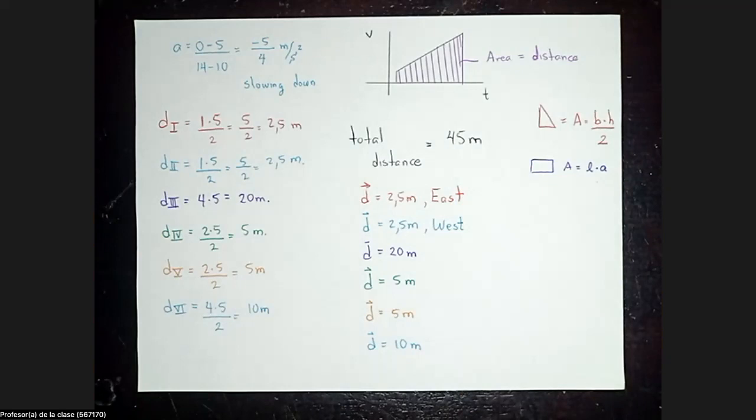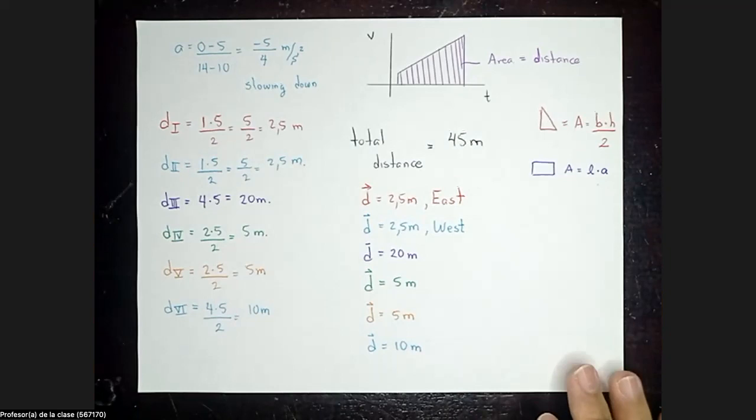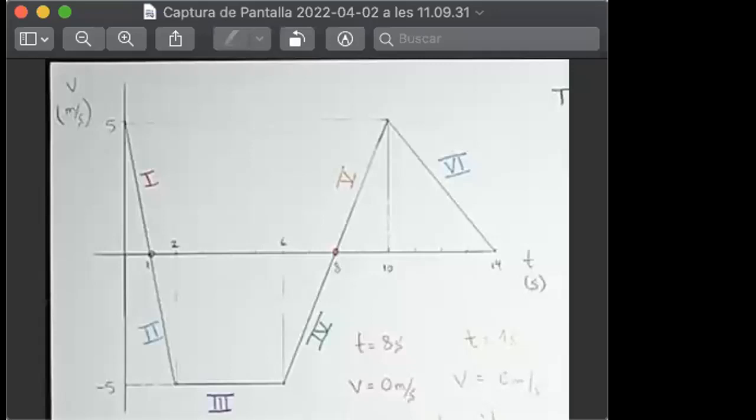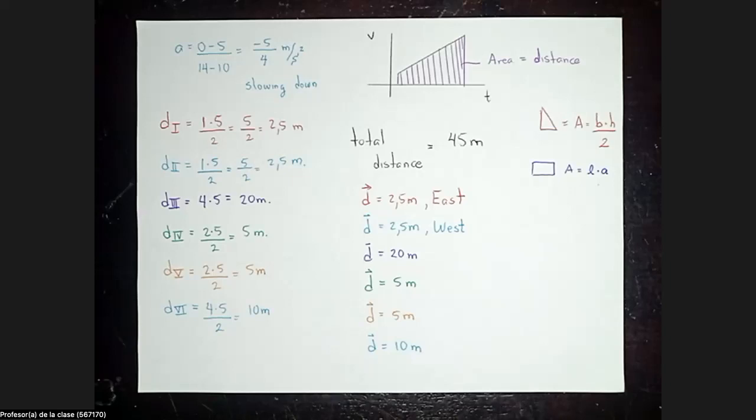So the second interval is going to the west. The third interval here also is under the x-axis. So the direction here is going to be west too.